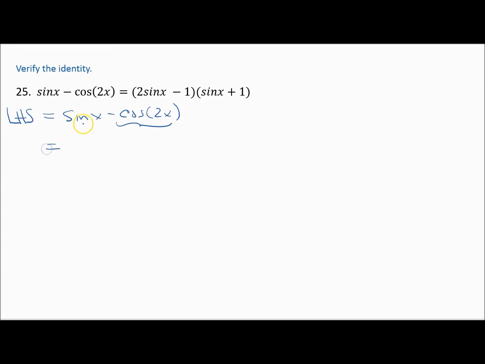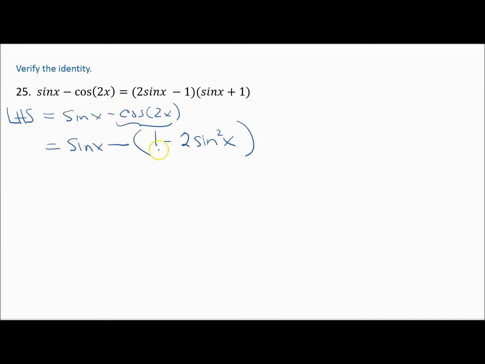It's going to be the next line. This sine of x stays, minus, and I'm going to look up the double angle formula for cosine of 2x that has only sine values in it. And that's going to be 1 minus 2 sine squared of x. Now, the parentheses that I've got there are required because this minus is going to have to distribute inside.